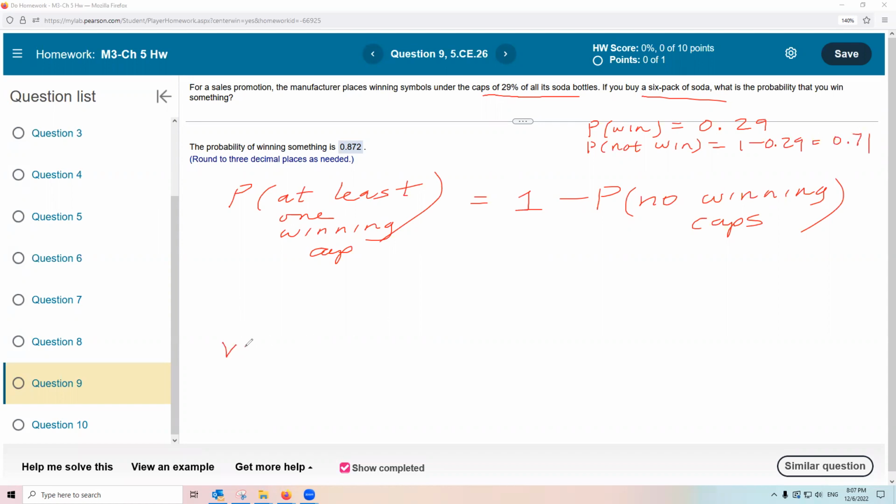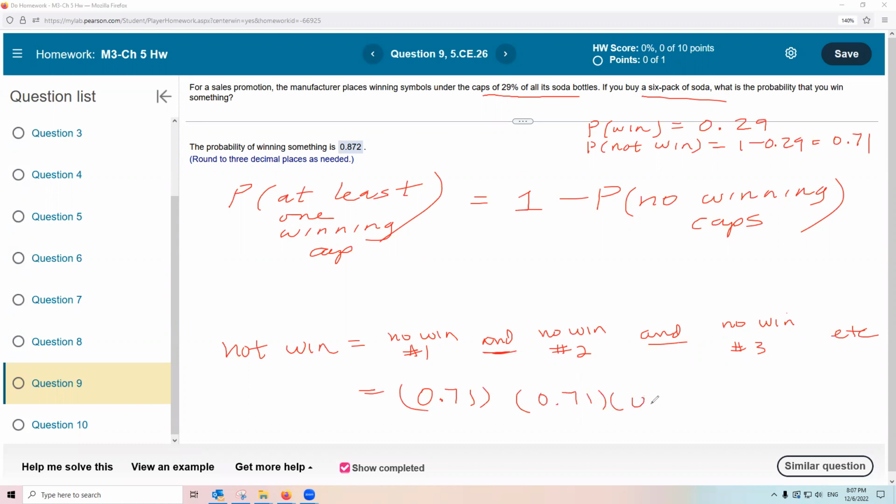But for me to not win, it means I didn't win for soda bottle 1, so no win for bottle number 1. And there was no win on bottle number 2. And there was no win on bottle number 3, and so on. Well, really, when you have the word and, it means multiply the probabilities together. This is going to be 0.71 times 0.71 times 0.71, etc. This is going to be 6 of them.